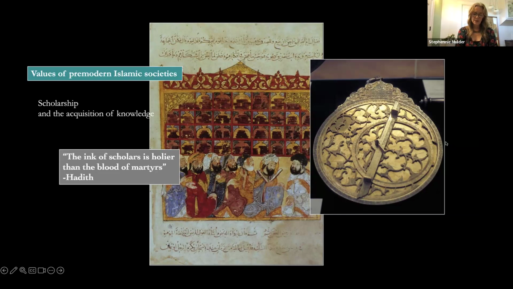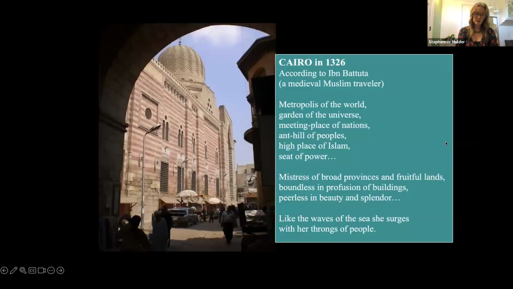This emphasis on the acquisition of knowledge and learning meant that medieval Islamic cities were some of the most sophisticated and cosmopolitan of the pre-modern world, as merchants and scholars traveled across the now contiguous expanse of the Islamic world, which stretched from one end of the known earth to the other in one great interconnected expanse.